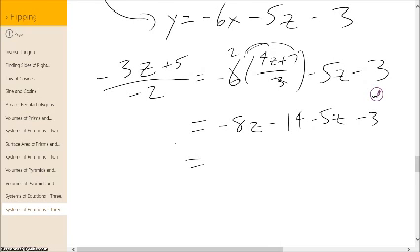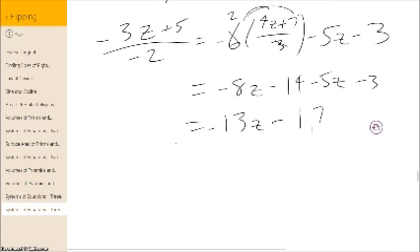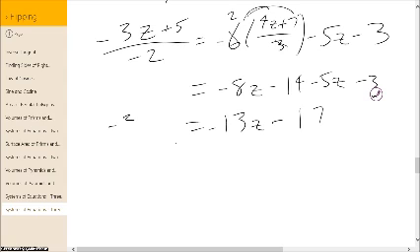Combine like terms. I have how many z's? How about negative 13? Negative 14 and negative 3 will give us negative 17. And we still got the stuff on the right. But tell you what, we're going to do to the stuff... did I say right? I meant left.